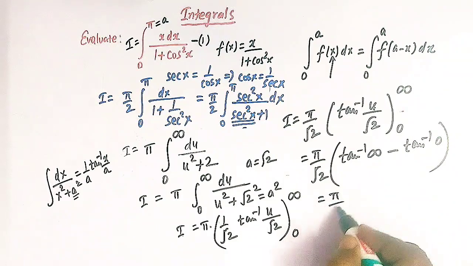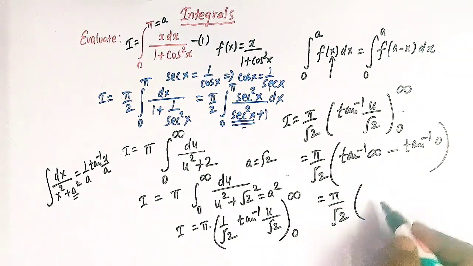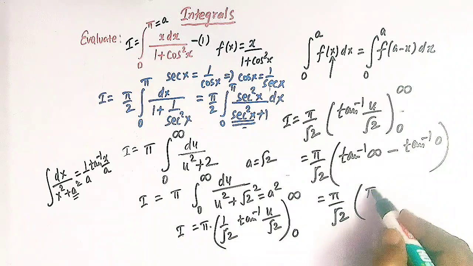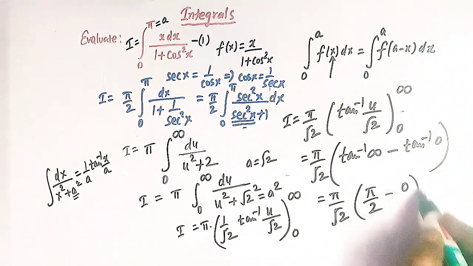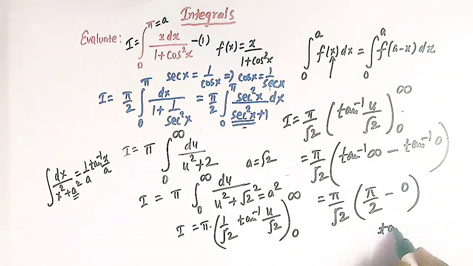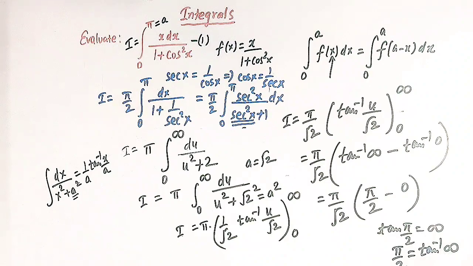So here we have now pi over square root of 2. Tan inverse infinity is pi over 2 and tan inverse 0 is 0, right? Because we know that tan pi by 2 is infinity and we have pi by 2 is equal to tan inverse infinity, right?